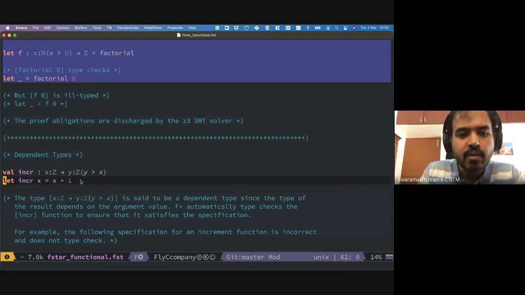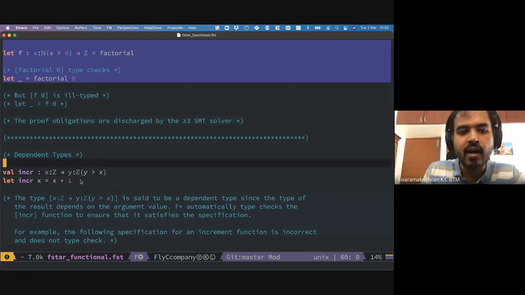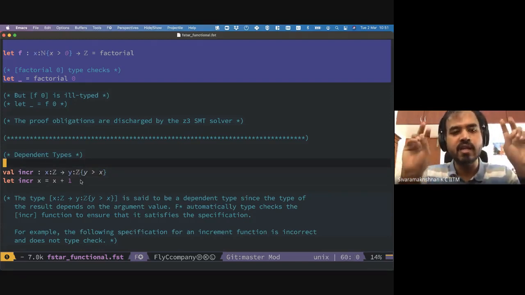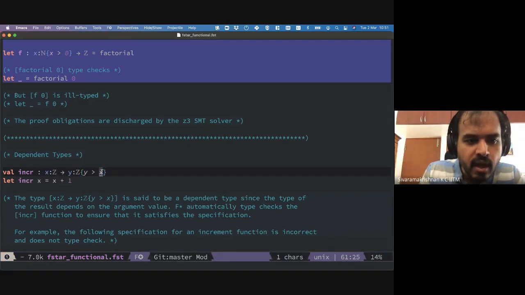This particular type of definition is known as a dependent type. It is also a refinement type, but it is known as a dependent type. And what is the meaning of this term dependent? The type here is actually dependent on the value for the input. So x is being actually used in the type.